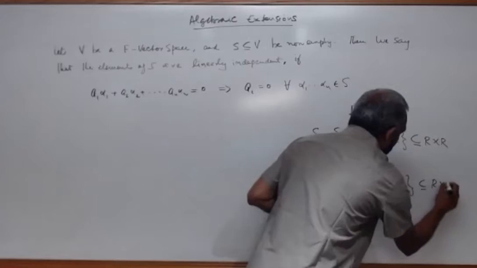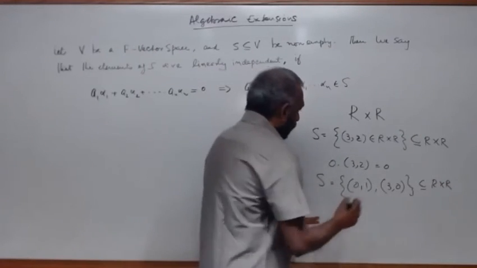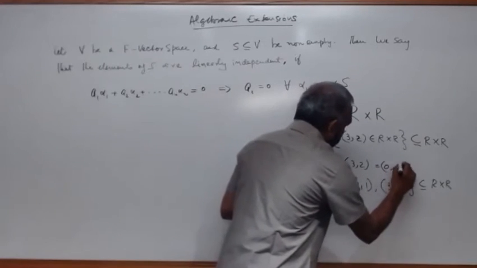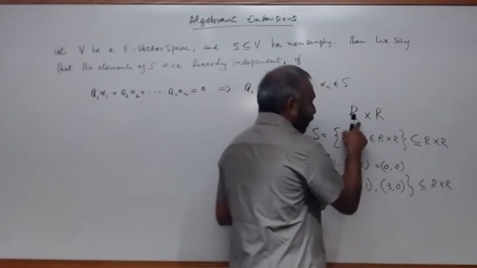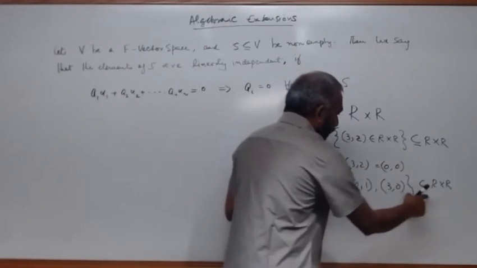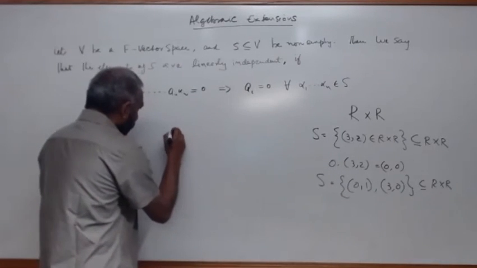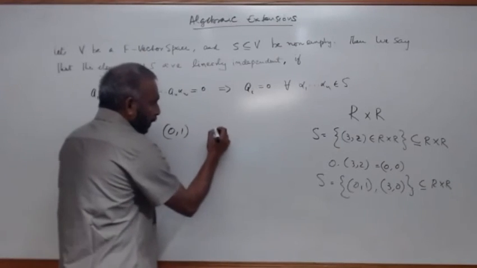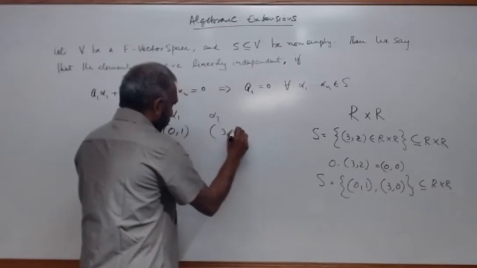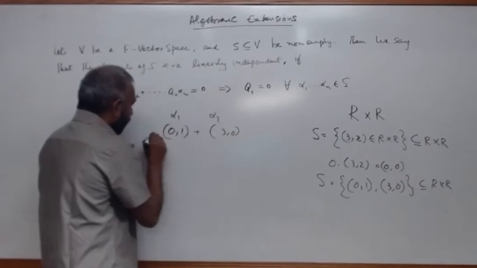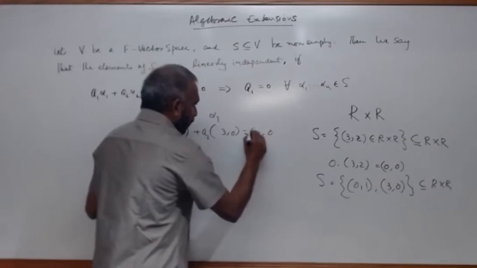It's actually R cross R. This is also, actually here it is going to be 0, 0 because it has to be an additive element of R cross R. So this is also linearly independent because 0, 1 is our alpha 1, alpha 2 is 3, 0, and if you multiply this, A2 equal to 0 means 0, 0.